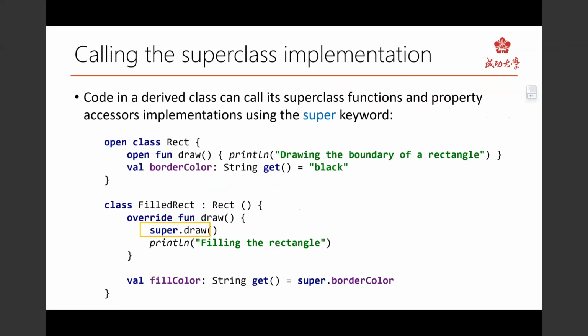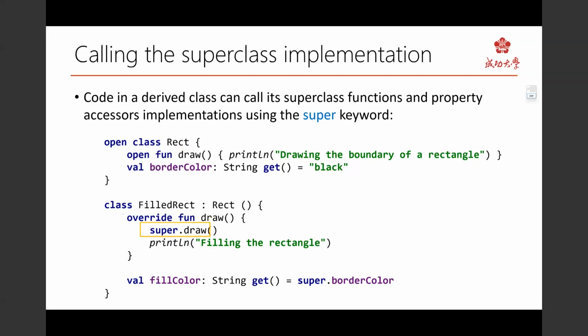Suppose you inherit from some parent class. How can we call a superclass implementation, or a function defined in the superclass? Again, similar to C++ and Java, we use the super keyword, and we usually do this when we are overriding the function. Again, using the same example, we have a class representing rectangles, and another class representing filled rectangles, which inherits from the rectangle class.